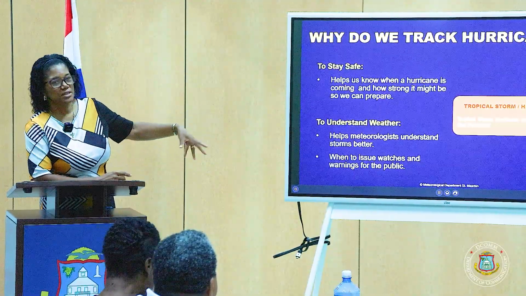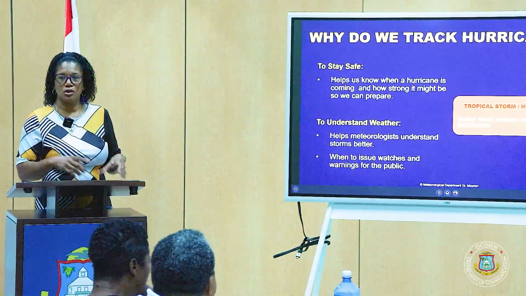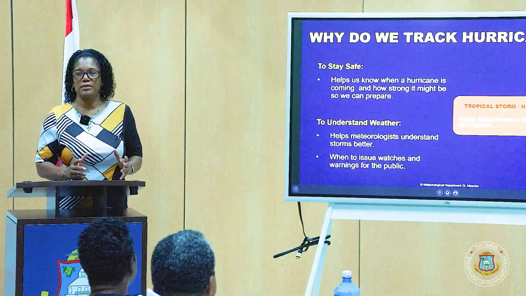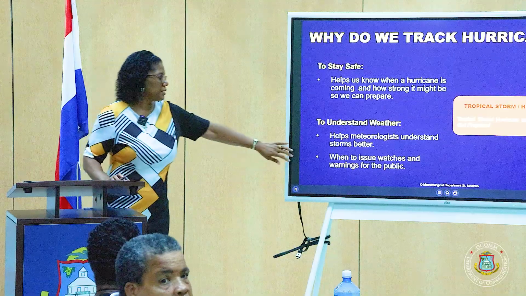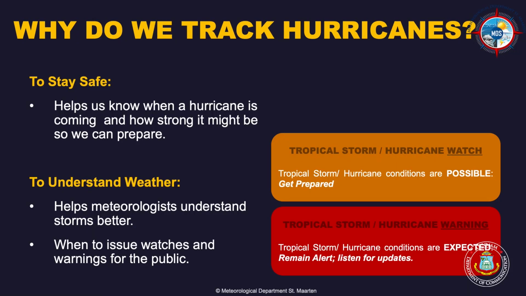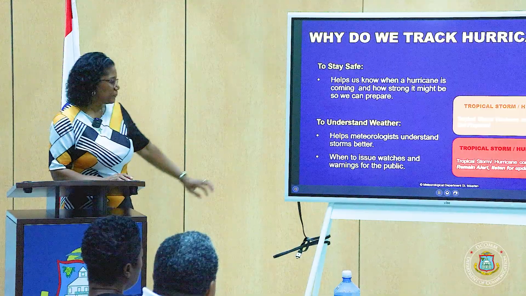So the time is irrelevant. Just what you need to know is if it's a watch, it means that conditions are possible in your area. And if it's a warning, it's more sure. It's expected. When you hear a warning, things are getting pretty dangerous. But if it's a watch, you still have time. Okay?